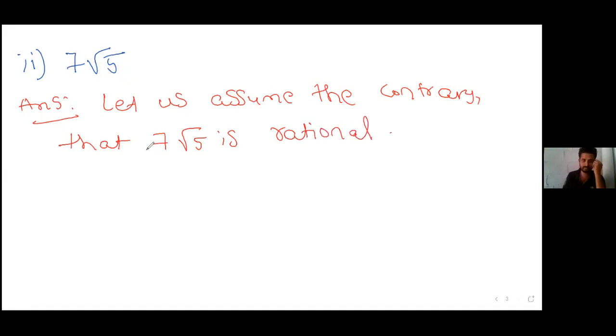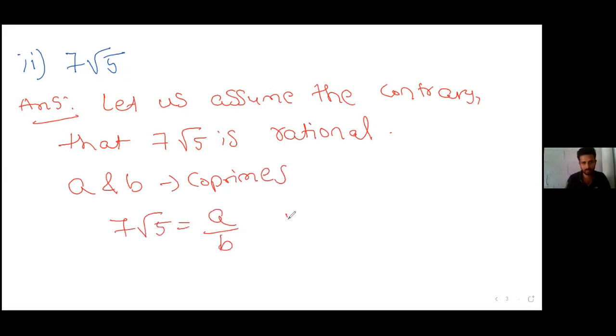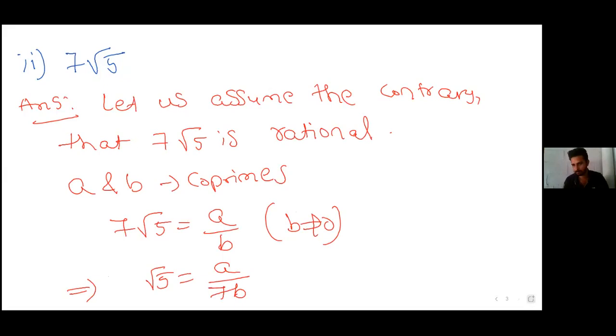Okay, then if it is a rational number, then there exist a and b, the co-primes. Then 7 root 5 is equal to a by b, where b is not equal to 0. Just rearranging this, you will get root 5 as a by 7b.